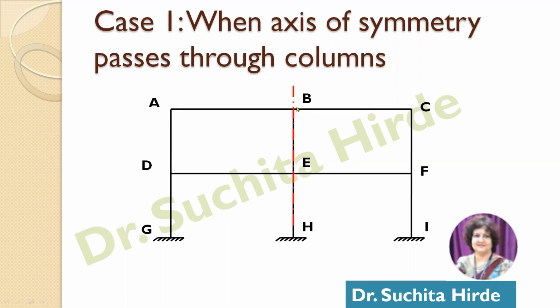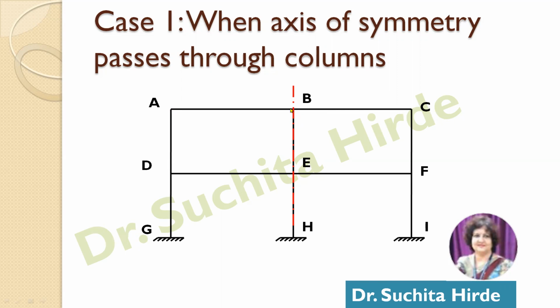Similarly, if you apply summation of moment at joint B equal to 0, what you will observe? MBA plus MBC plus MBE equal to 0. So summation of moment of all the members meeting at that joint must be equal to 0.